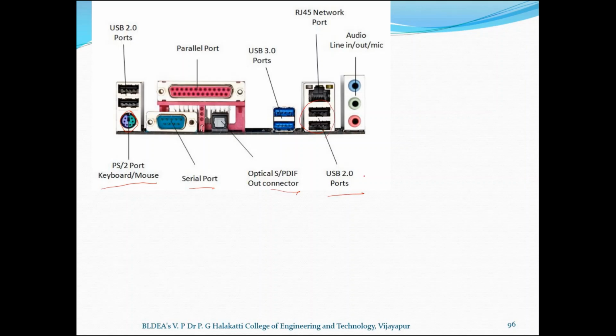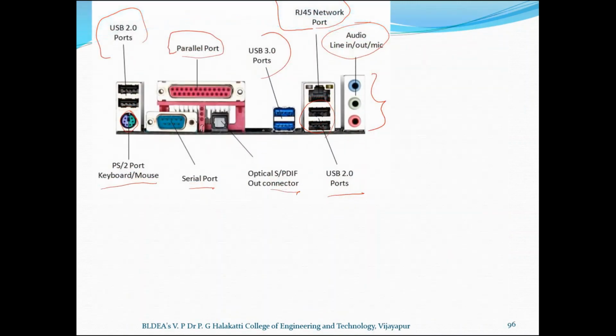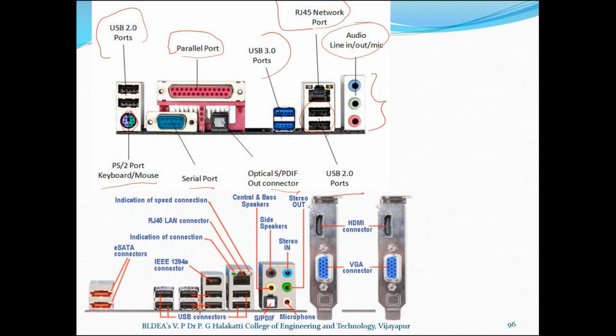Everybody is well versed with these USB ports. This is the parallel port. This is also a USB port, right? We have here connections for microphone and headphones, that is for audio, right? And this is the network port. So externally it will look like this, internally it is like this. If you see from the external side, it would look like this, right? Same way we have here also.